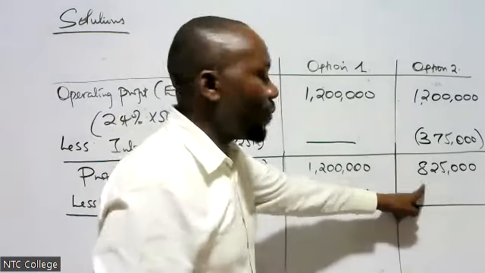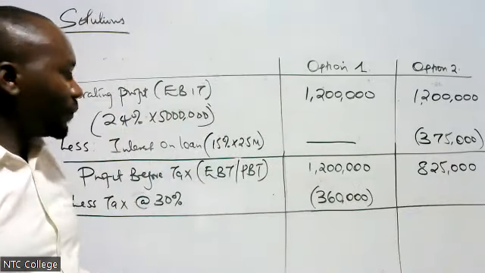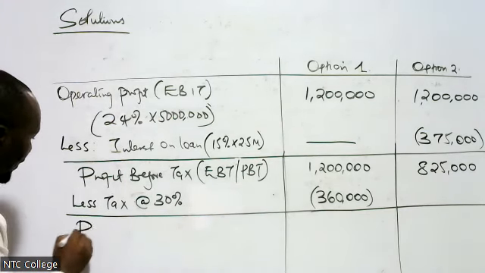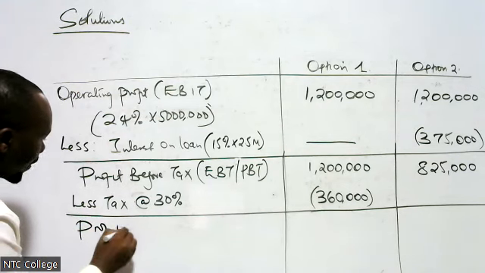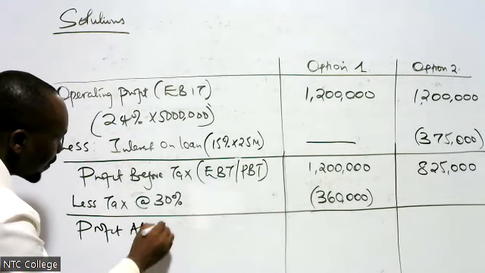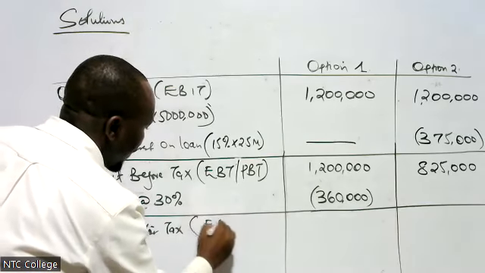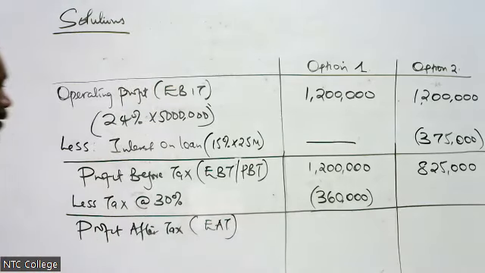What about this one? 30%. So we have profit after tax, which we call PAT, or profit after tax. You can also call it earnings after tax.